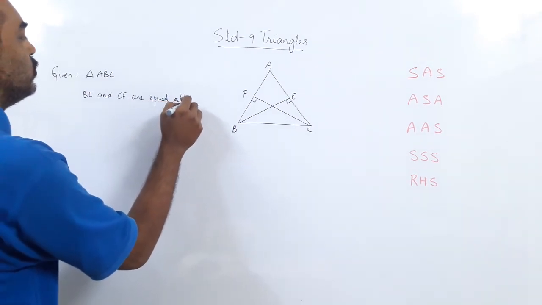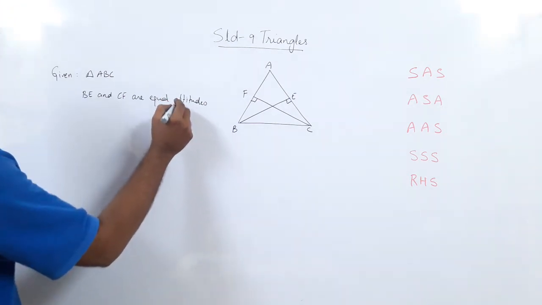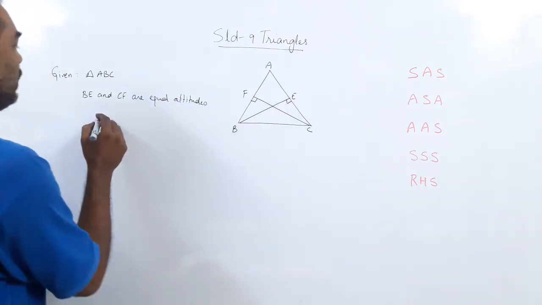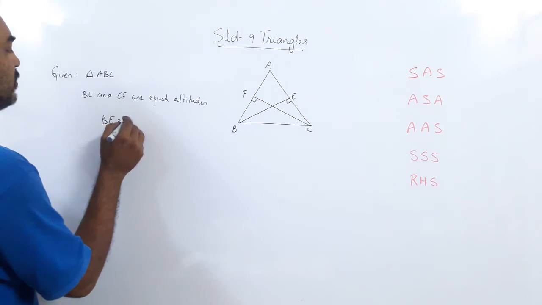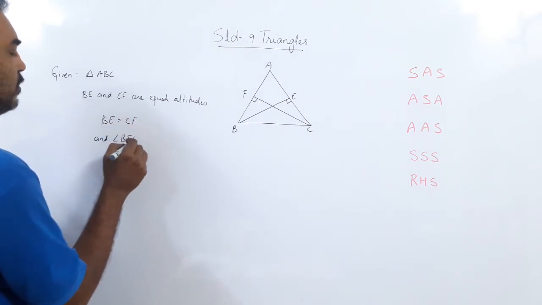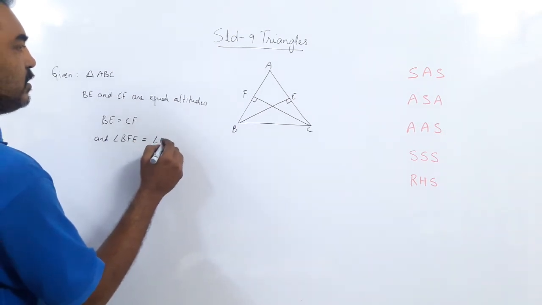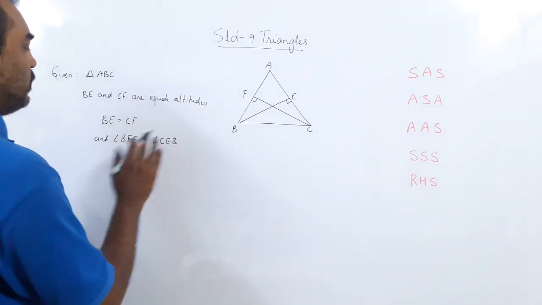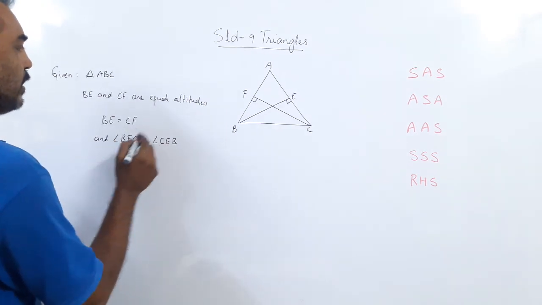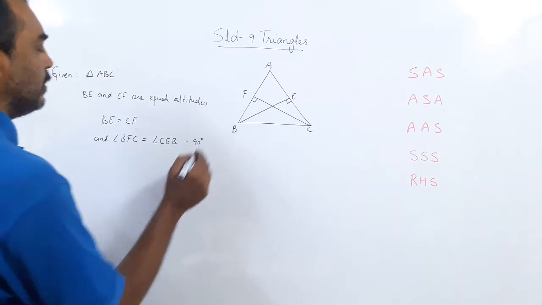Equal altitudes means, what is the meaning of equal altitudes? Altitude will make 90 degrees, but they are equal, meaning BE is equal to CF, and angle BFC equals angle CEB equals 90 degrees.